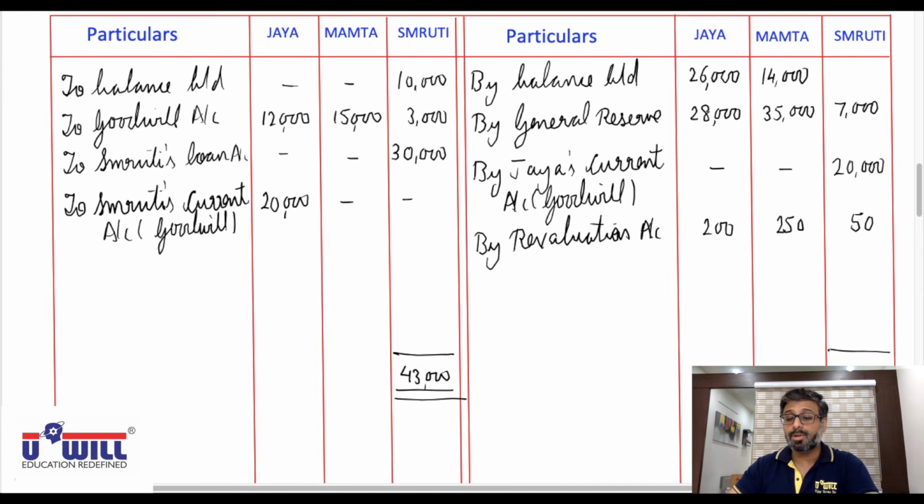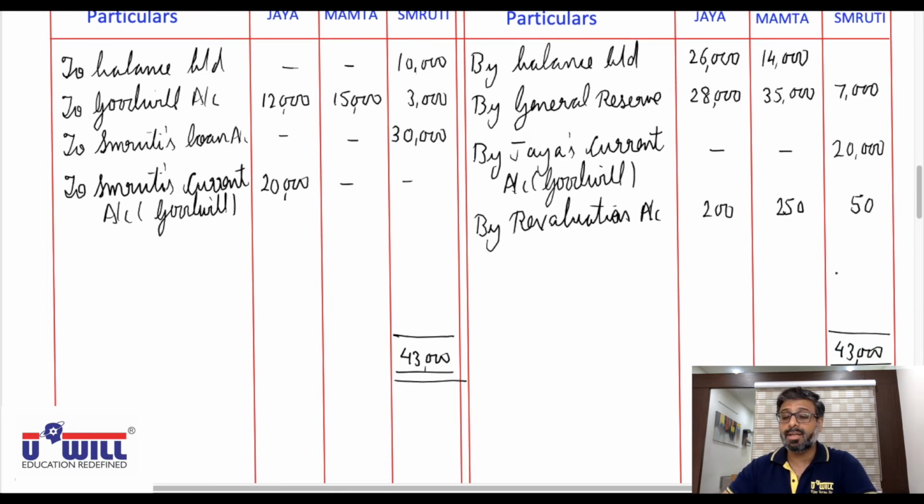So 43,000 on both the sides. 43,000 minus 27,050, so 15,950.